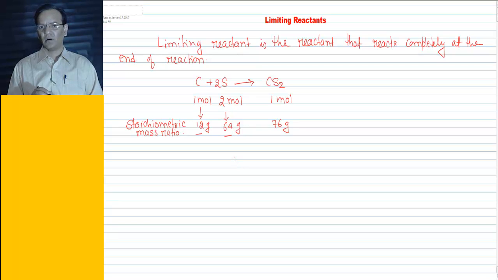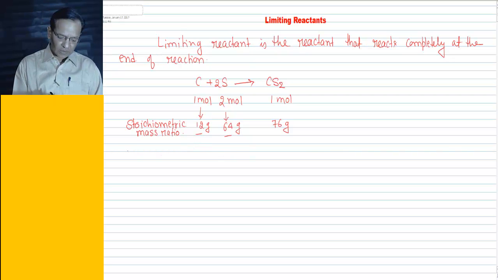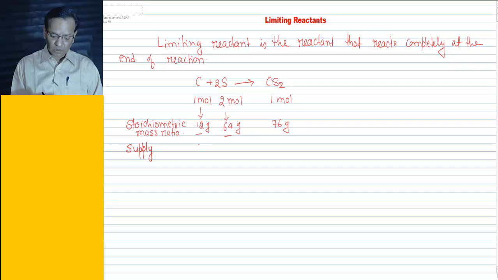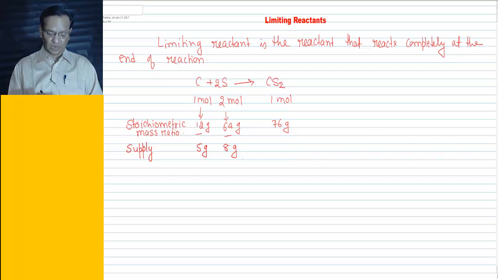What happens if we don't mix them in this ratio? What happens if we mix them in some different mass ratio? For example, let us take a case where we supply say 5 gram of carbon and 8 gram of sulfur. This is now the supplied mass.